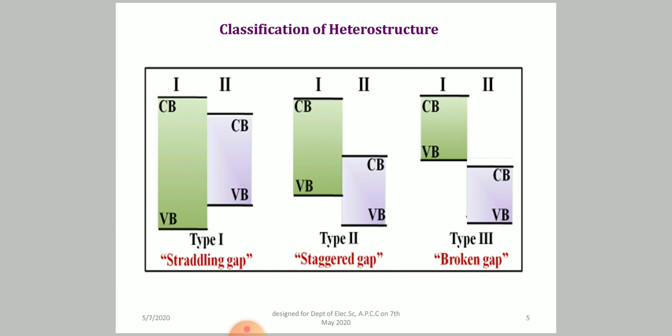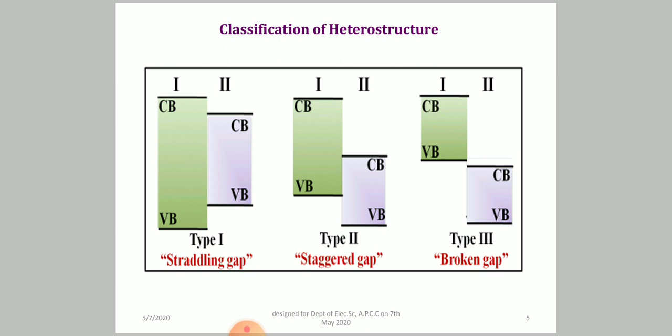The measurement is in the same direction, because lower EC to upper EC, and for the same semiconductor, the valence band goes more downwards. So it is not completely covered, but partially covered. If you shift the violet one further downwards, a situation may arise that there is no overlapping. That will be called type 3 or broken gap.